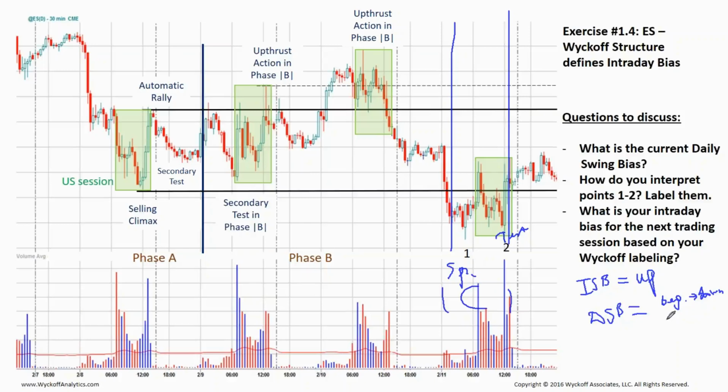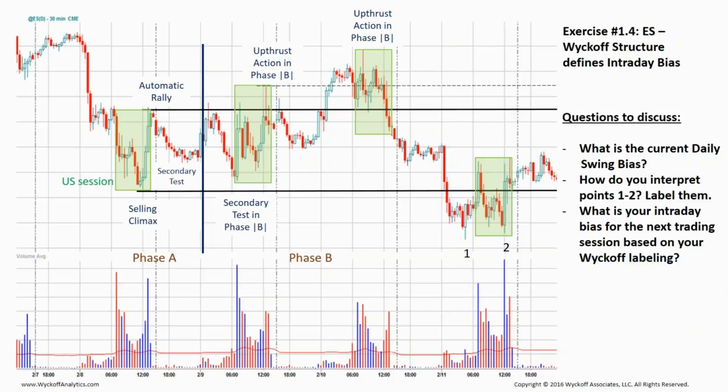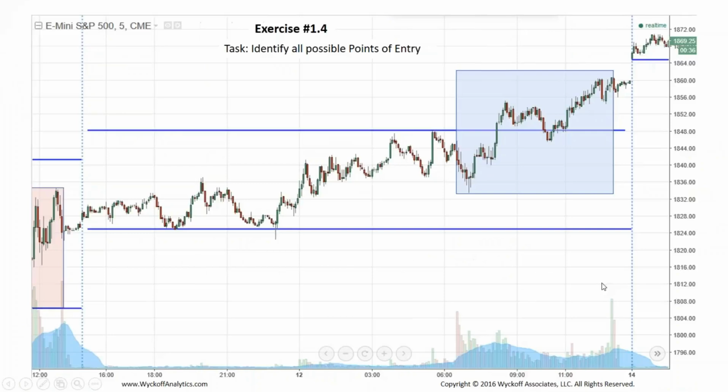So we want to trade in a potential directional daily swing bias, which, if it closes as a significant bar, the bias is up. So we want to be aggressive on the way to the upside if we have confirmation signals.